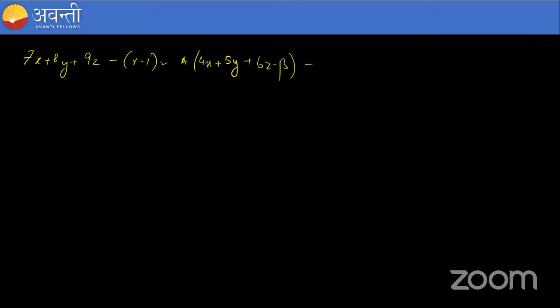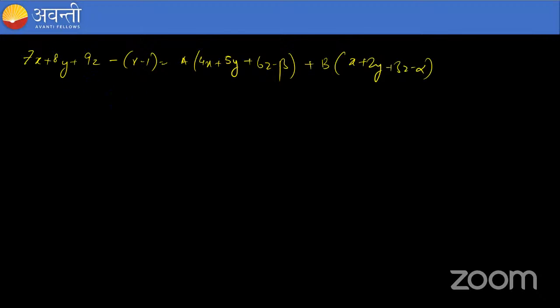So what we can do here to solve this question is that, since those three equations are consistent, can I write 7x plus 8y plus 9z minus gamma minus 1 equals a times 4x plus 5y plus 6z minus beta, plus b times x plus 2y plus 3z minus alpha, right?